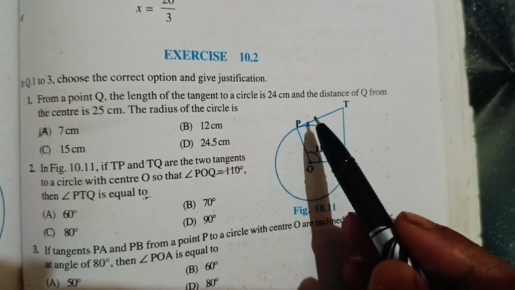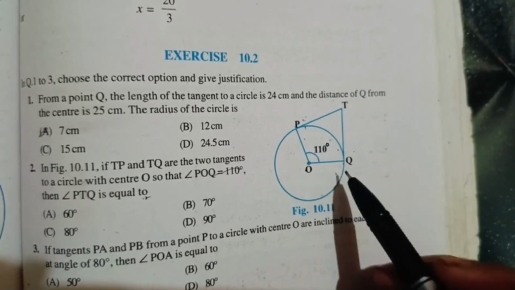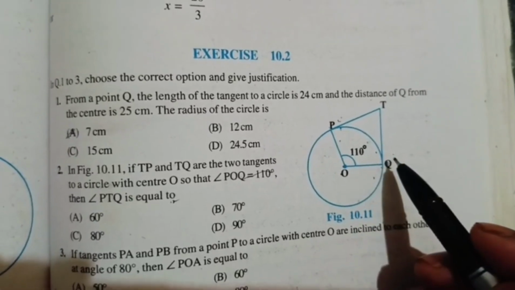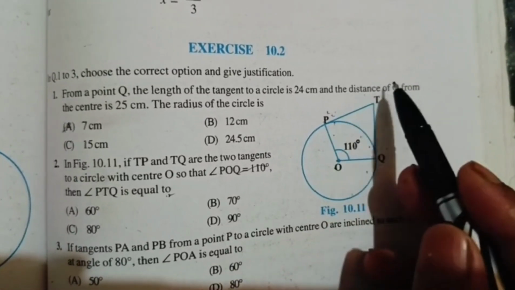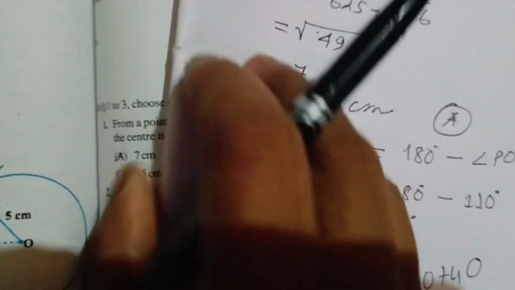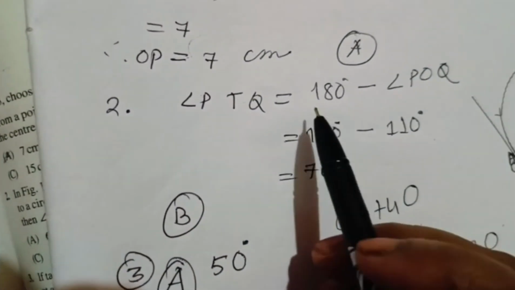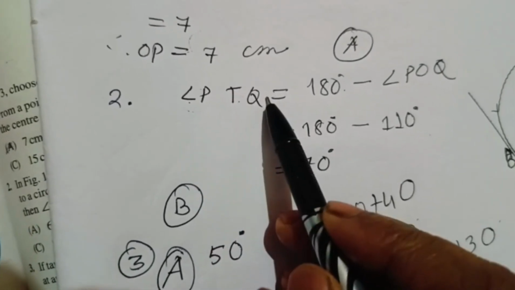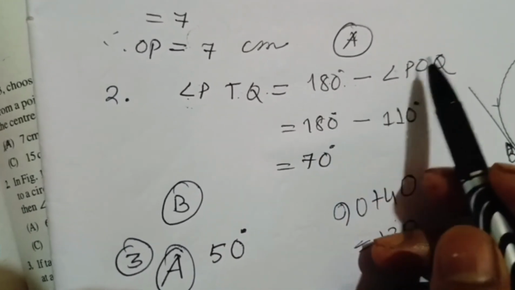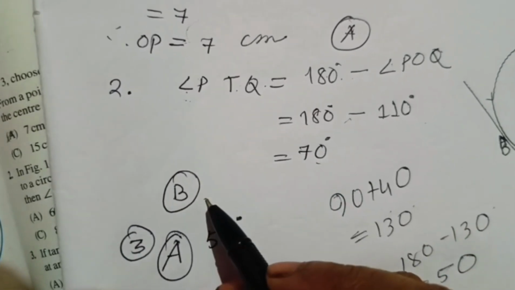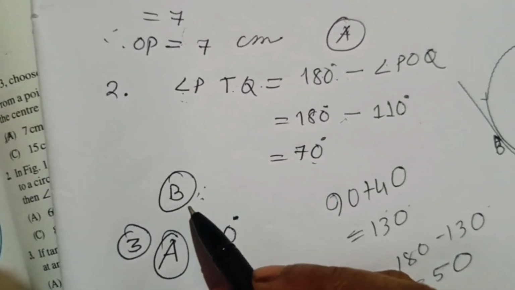Now we have to find angle PTQ. We will learn this later in the exercise: PTQ and POQ are supplementary angles. Since they are supplementary, their sum is always equal to 180 degrees. Therefore, PTQ is equal to 180 minus POQ, which is 70 degrees. So option B is correct.